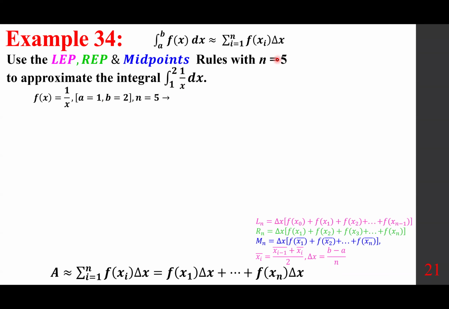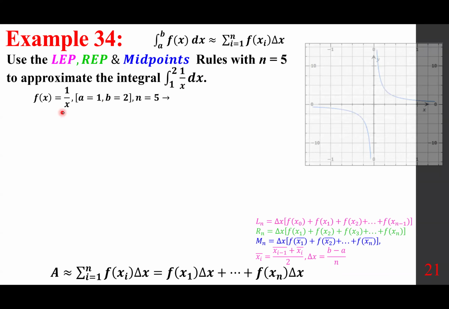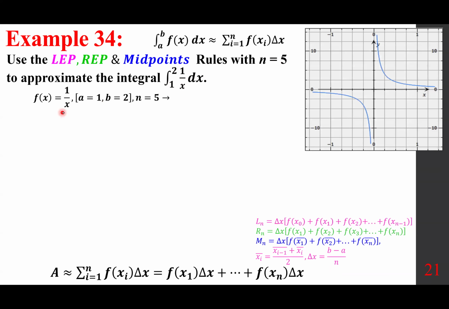So I'm going to quickly graph this function. And I'm interested from 1 to 2, and I'm interested in this area. In other words, this is the region of interest.